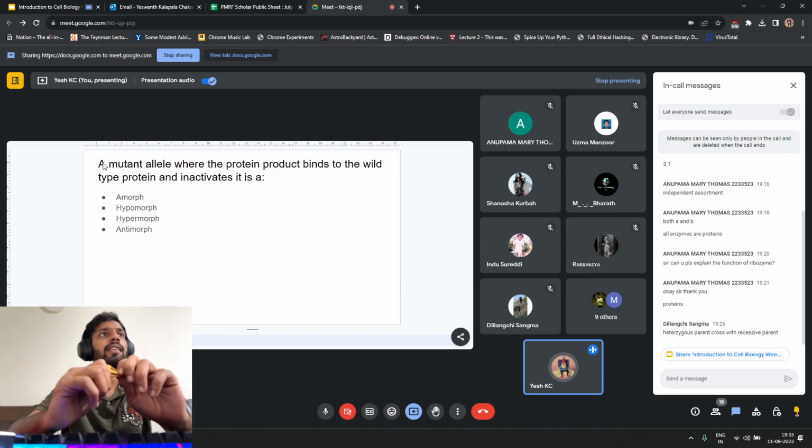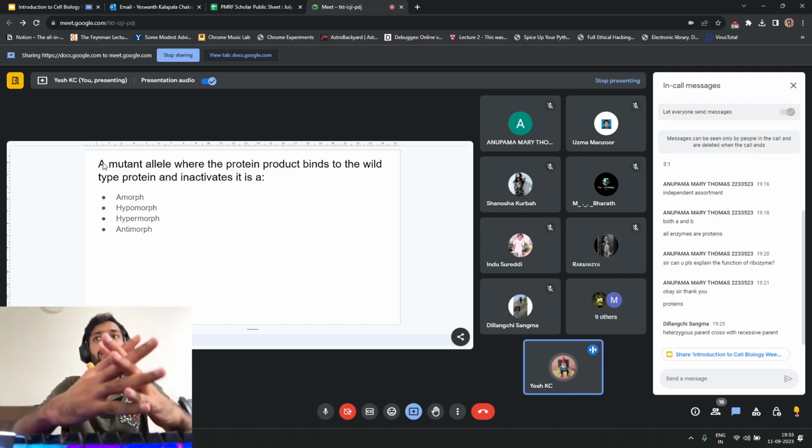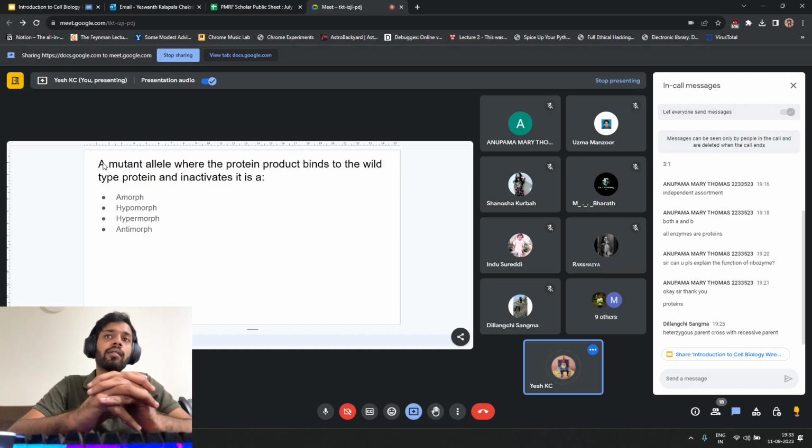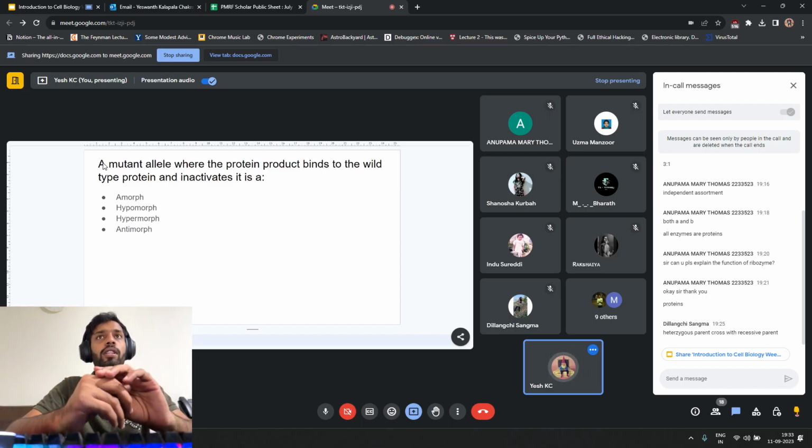But in this case, what they're saying is there is a protein that binds to the wild type protein and inactivates it. So it's preventing the function of the normal protein also. So then what would this be? Is it an amorph, hypomorph, hypermorph, or antimorph?